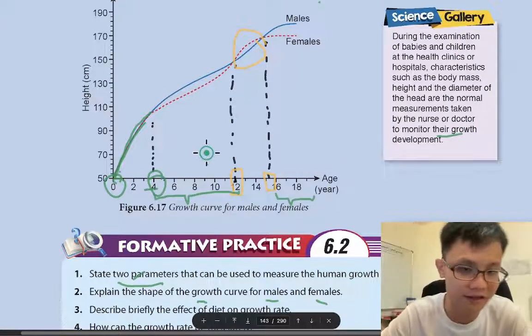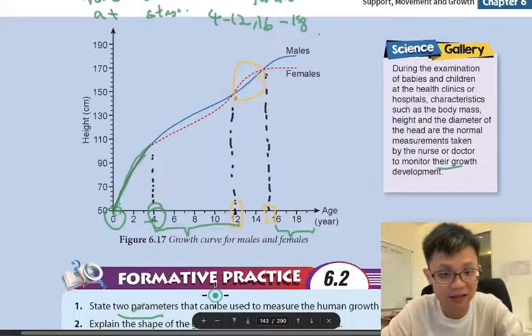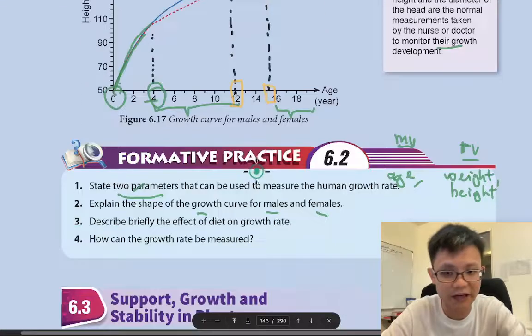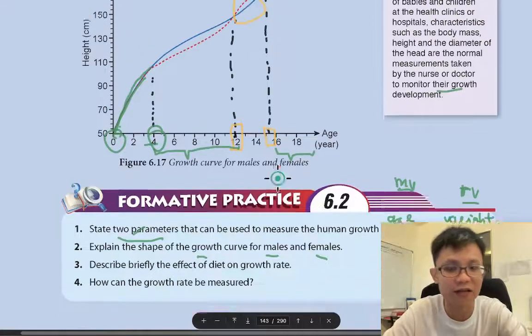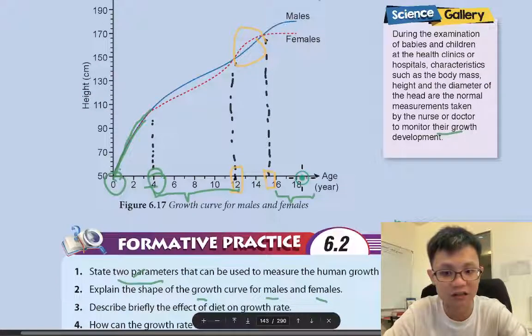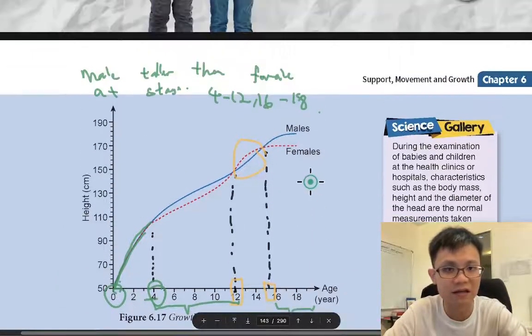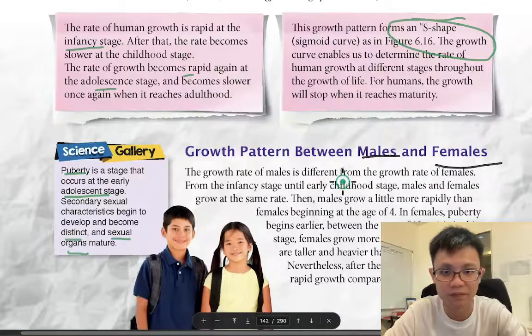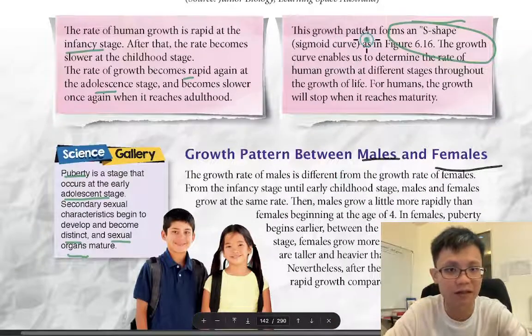So the thing that we have here is not a statistic but a graph. It's a line graph. So you just need to explain the shape. You can say the shape of the curve is a sigmoid shape, the S shape. The growth pattern is S shape or it has a sigmoid curve.